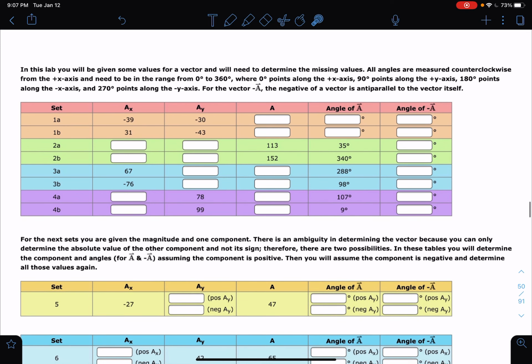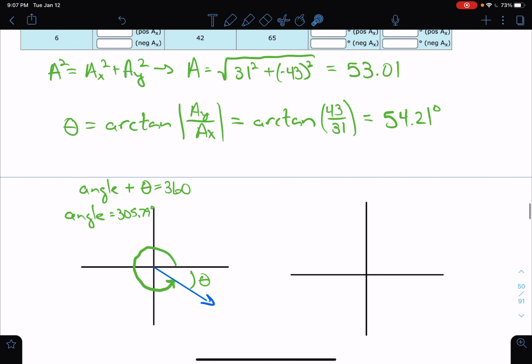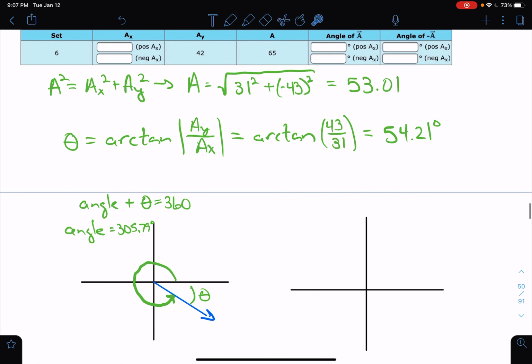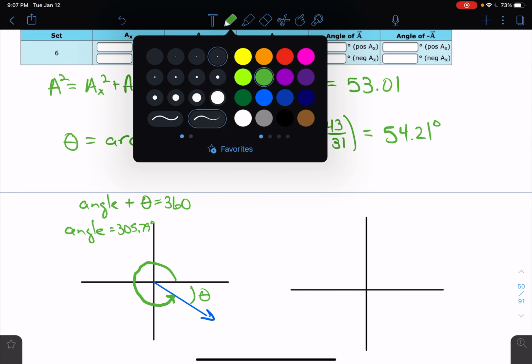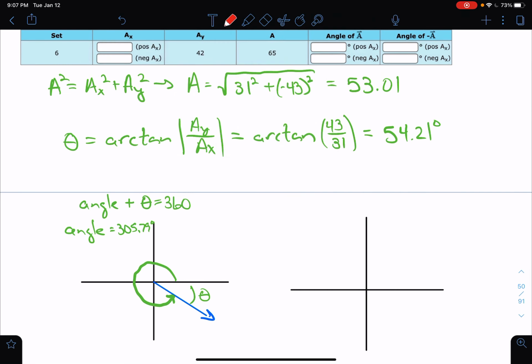Now, I also need to find the angle of the antiparallel vector. Now, the antiparallel vector is pointing this way. It's the exact opposite direction. And I need its angle also relative to the positive x-axis, so that's this angle right here. That's the angle that I need.